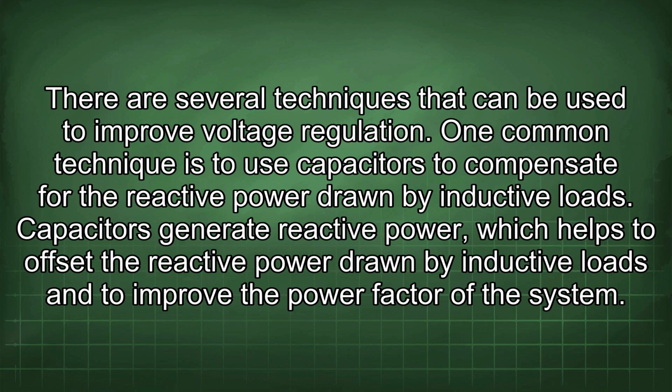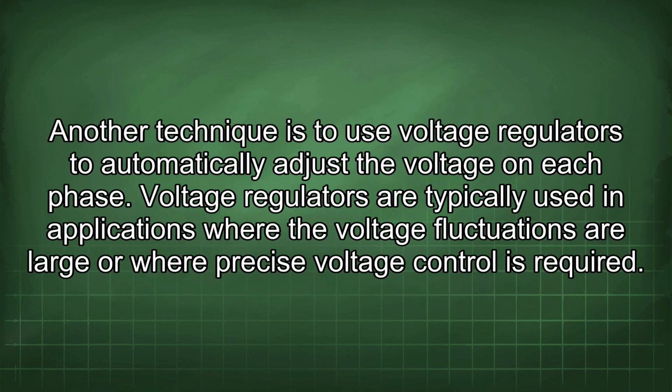Capacitors generate reactive power, which helps to offset the reactive power drawn by inductive loads and to improve the power factor of the system. Another technique is to use voltage regulators to automatically adjust the voltage on each phase. Voltage regulators are typically used in applications where the voltage fluctuations are large or where precise voltage control is required.